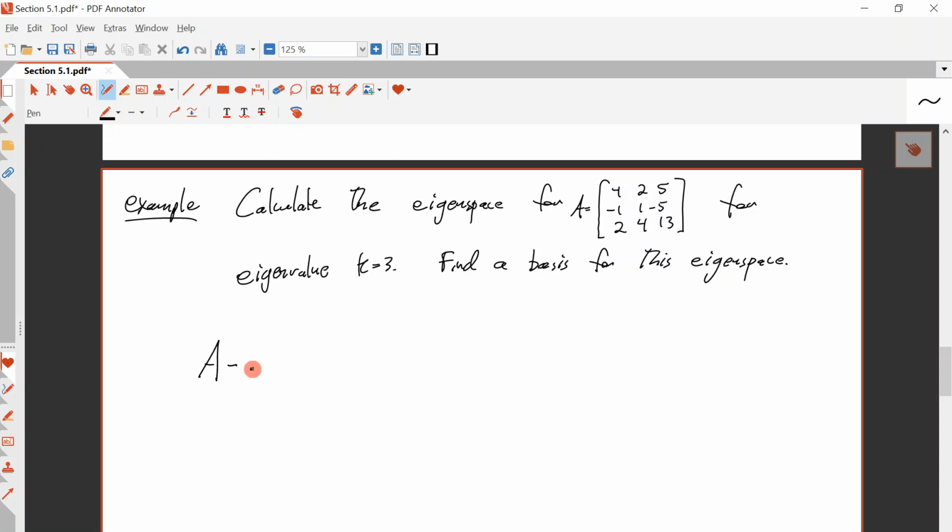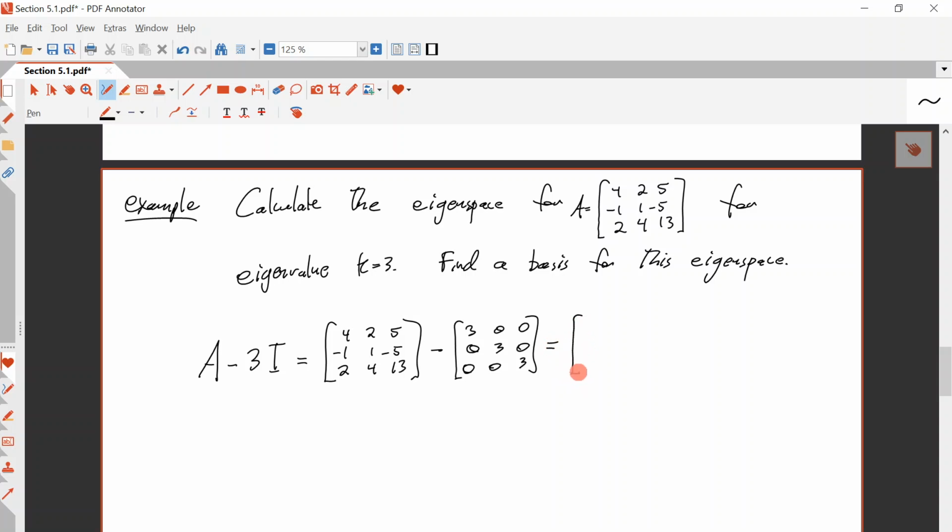So A minus kI is equal to 4, 2, 5, negative 1, 1, negative 5, 2, 4, 13, and then k is, excuse me, 3, minus 3, 0, 0, 0, 3, 0, 0, 0, 3.